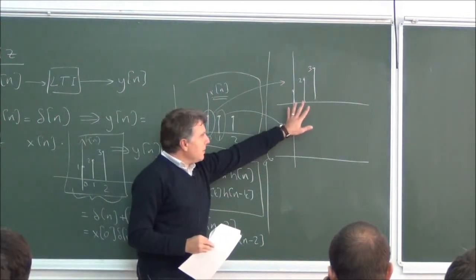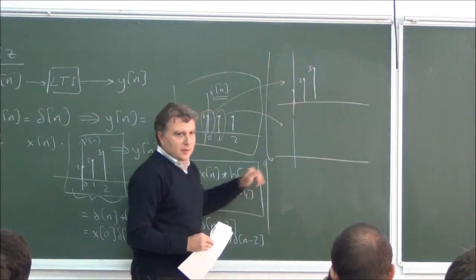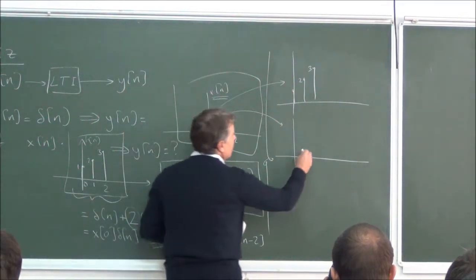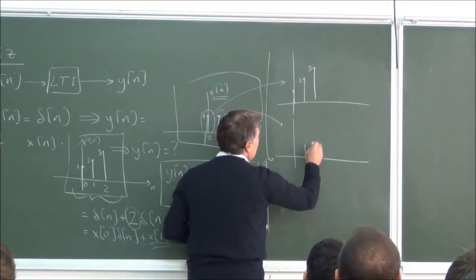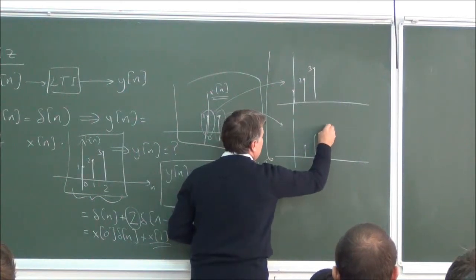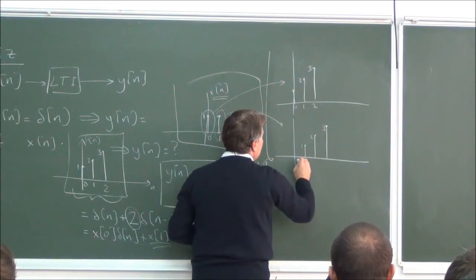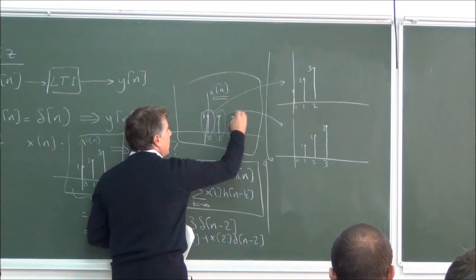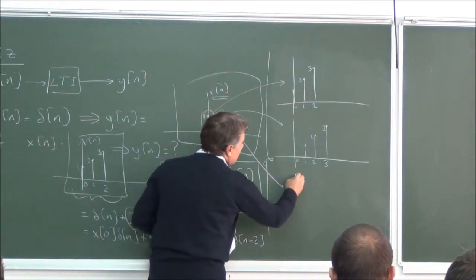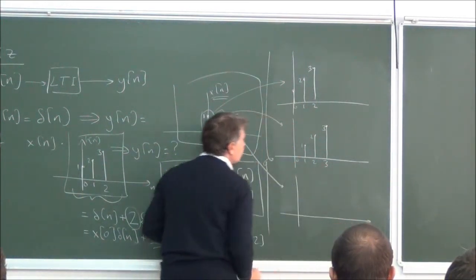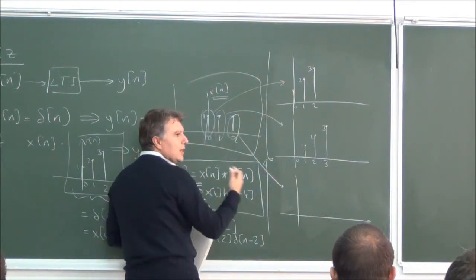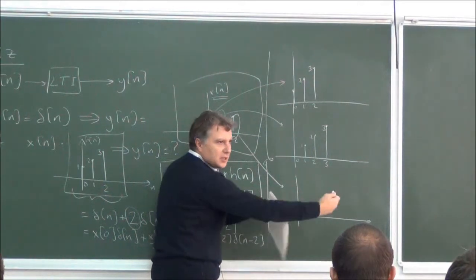It is the same output shifted towards right, because the new impulse is one shifted towards right. And to this impulse, the output will be shifted two this time. And remember that all these values are 1, so I'm not scaling anything. I'm just shifting towards right.